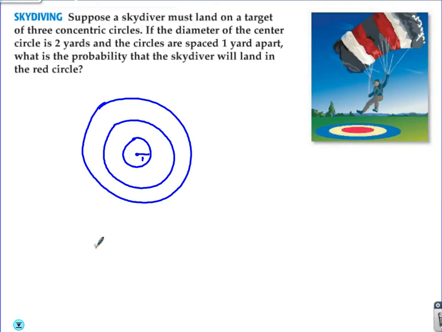And the circles are spaced 1 yard apart. Okay, let's go through and do all these. The distance from here to here is also 1, so what's the radius of that circle? 2. And then the radius of the biggest circle would be 3.